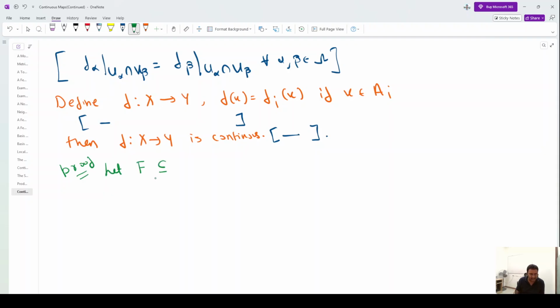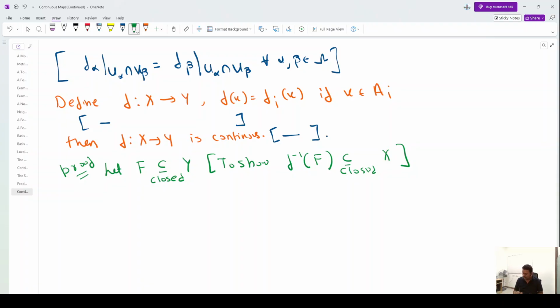Let F contained in Y be closed in Y. What you have to show is that f inverse of F is closed in X. Since I'm proving it for closed sets, I'm using the closed definition. If I do it for open sets, please show that the inverse image of every open set is open. You can begin from closed sets also, but you have to use that open set thing.